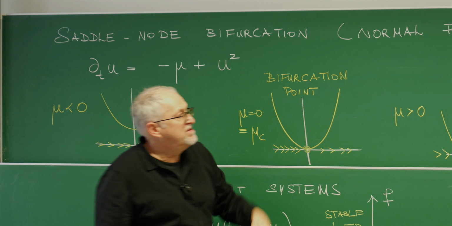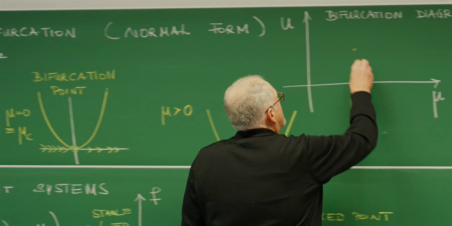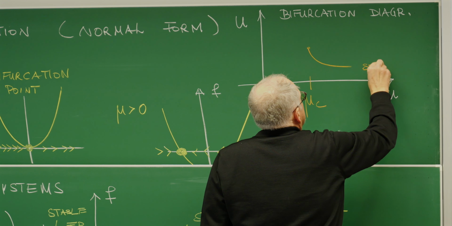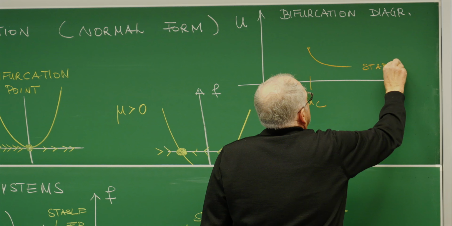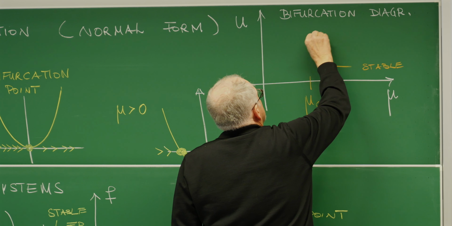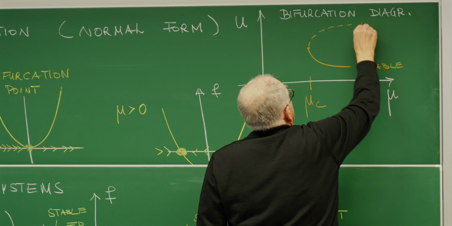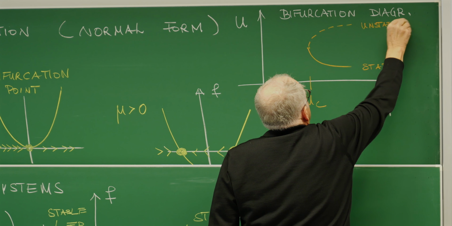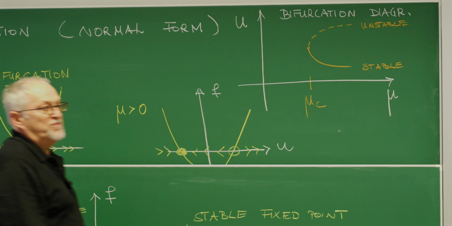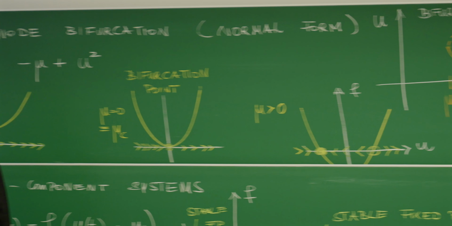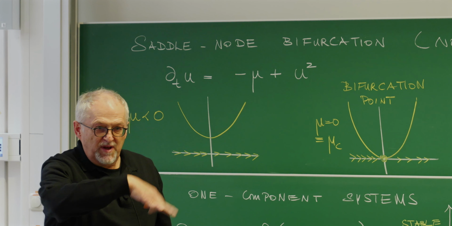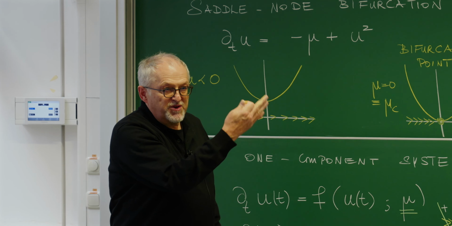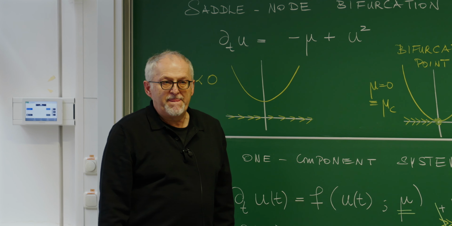So out of the blue comes something that has a stable branch and an unstable branch. And the way I drew it, it's the parabola, and that's generic because in the Taylor expansion, this is what you get typically.